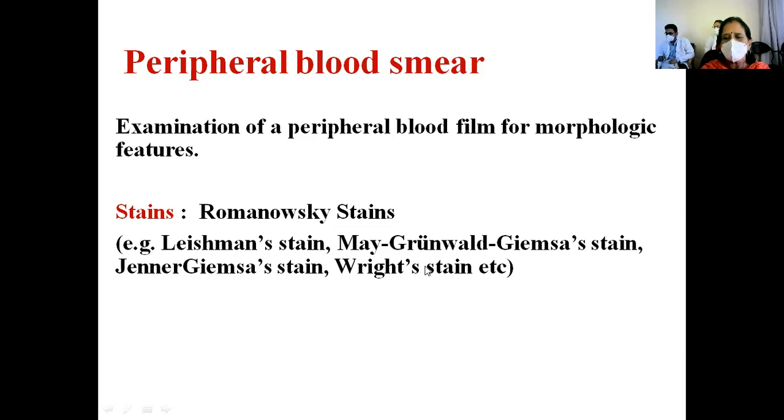So how do we stain a peripheral smear? Staining of a peripheral smear is important. So we use Romanowsky stains. This is a broad category when we say Romanowsky stains. So see, this is a stained peripheral smear.